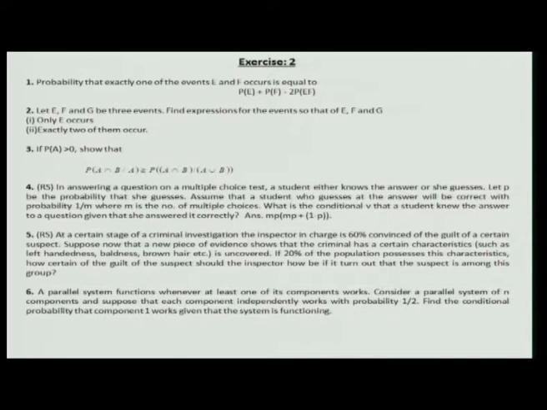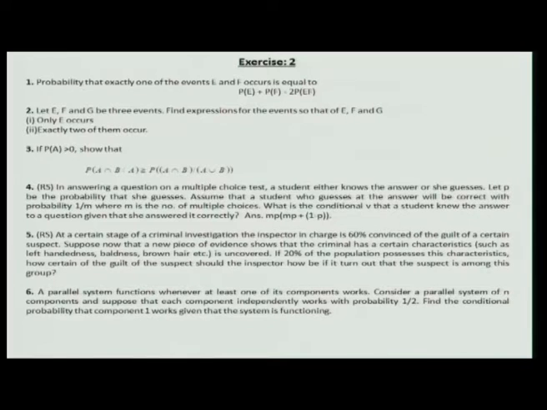Now, it is known that the criminal possessed some characteristic, and it turns out that this suspect has that characteristic. So, the probability of the suspect being the criminal would go up, and the posterior probability after knowing that the criminal possesses the characteristic will go up. So, I want you to compute the posterior probability here.